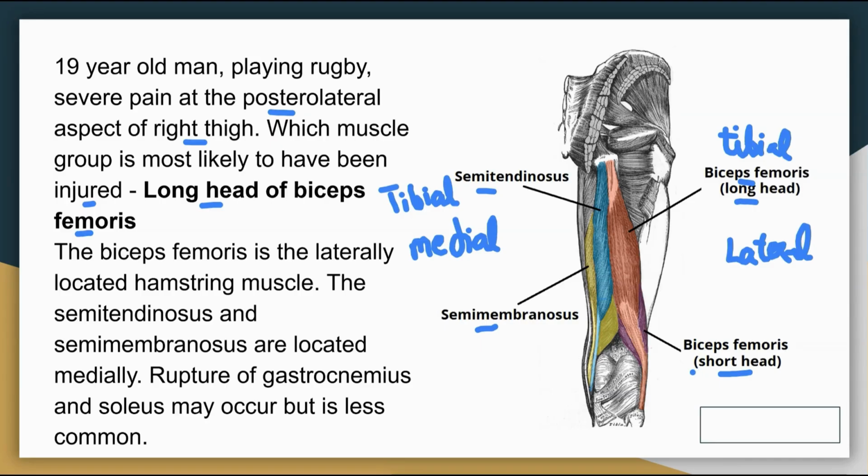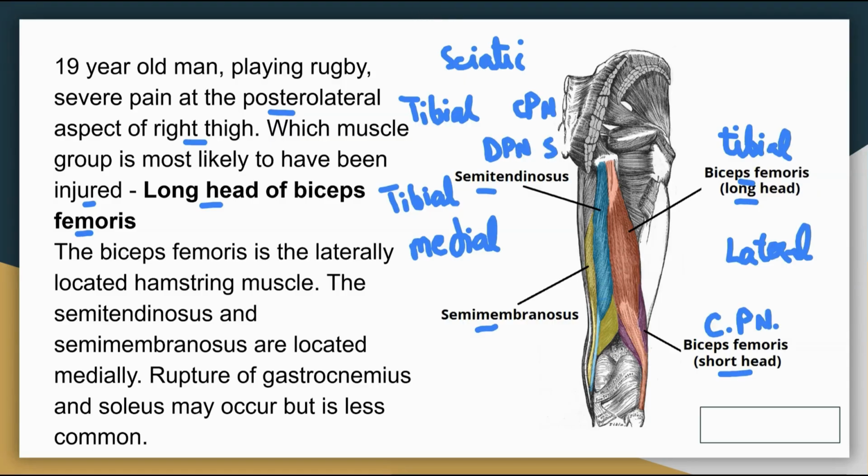However, the short head is supplied by the common peroneal nerve. Now, the sciatic nerve is going to divide into two branches, the tibial nerve and the common peroneal nerve, and this is their distribution. In the popliteal fossa, the common peroneal nerve is going to further divide into the deep peroneal nerve and the superficial peroneal nerve, which we have discussed previously in the foot region, and they have their specific motor and sensory innervation.